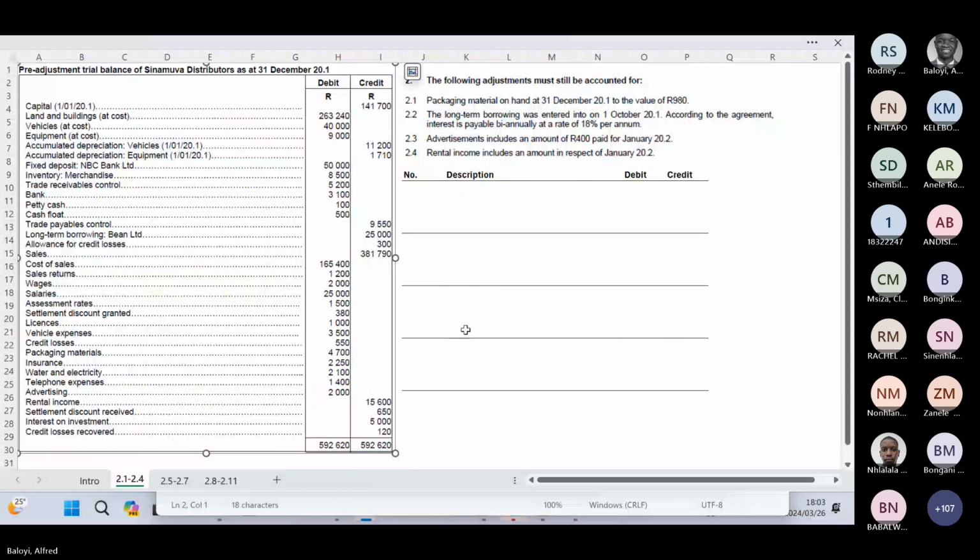Okay. Let's see. Let me try to do it this way. Let's see if I can open another sheet, and then I think I'll be going through different screens then. Will that be okay with the students?